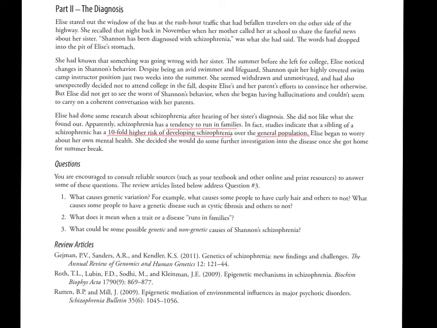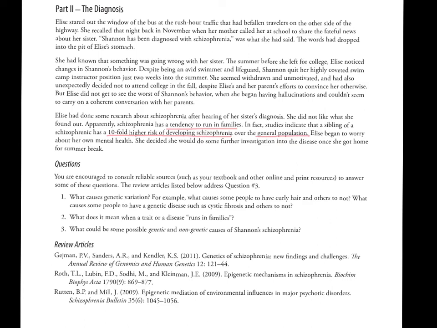I used sickle cell anemia a minute ago. In this question, they ask about cystic fibrosis. It's the same concept. You're either inheriting one gene if it's dominant, or two genes if it's recessive, and therefore getting that particular disease. Now, what does it mean to have a trait or disease that runs in families? Well, here again is the idea that things are inheritable.